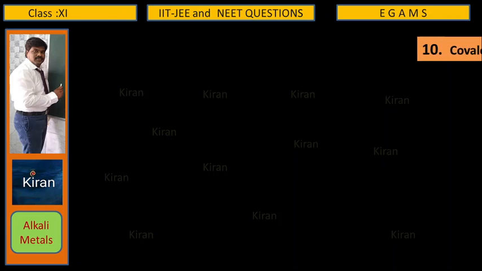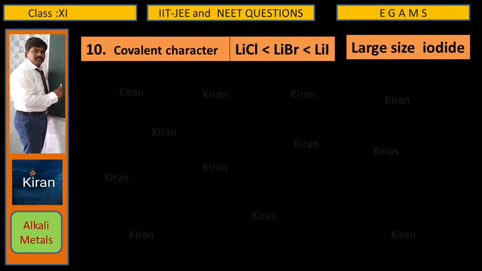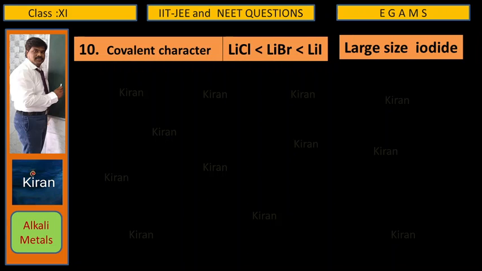Tenth one, covalent character: lithium chloride, lithium bromide and lithium iodide. Generally we studied that a metal and a non-metal combined with each other give an ionic compound. So here lithium is a metal and chloride is a non-metal, so these are ionic compounds. But the anion size increases, as per Fajans' rule we studied in the chemical bonding chapter.